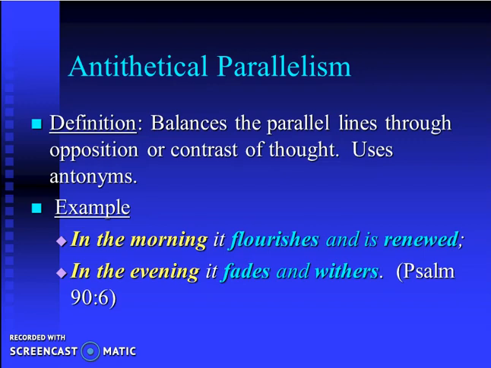In the morning the grass flourishes and is renewed. In the evening it fades and withers. So opposite of morning would be evening. Opposite of flourishing would be fading. Opposite of a plant being renewed is a plant withering. And so it's making a contrast between the first line of poetry and the second line of poetry, emphasizing opposite words or antonyms.